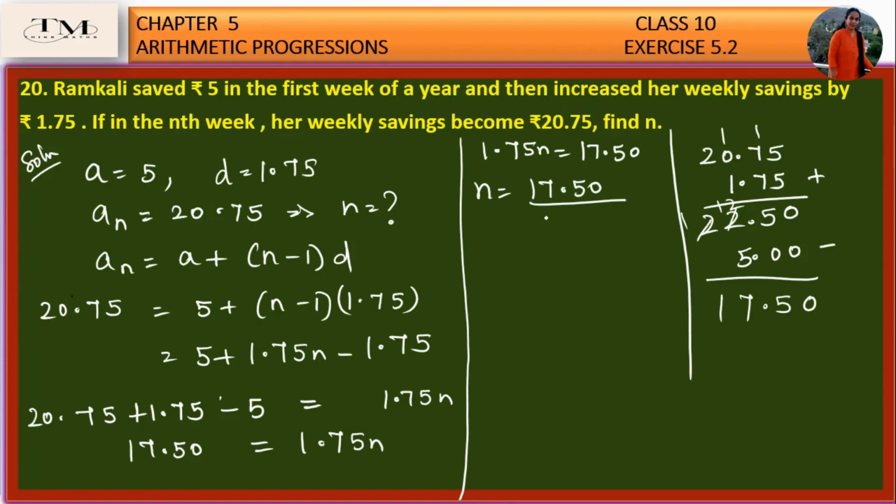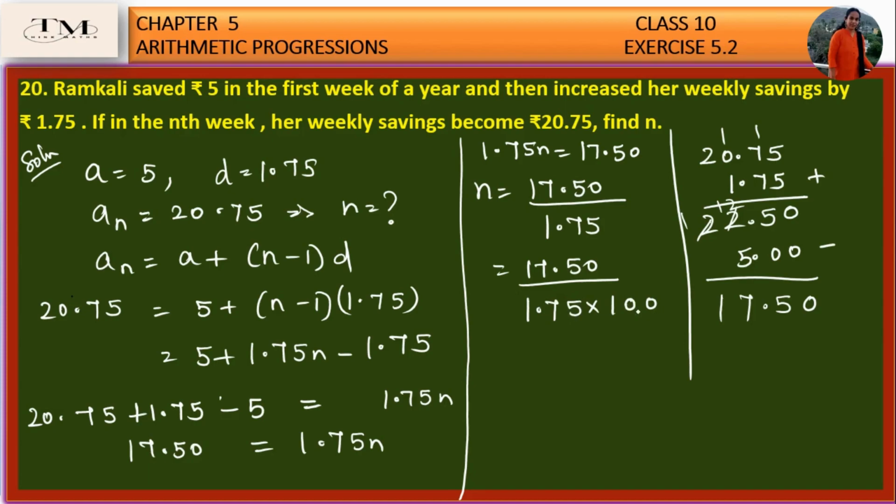So n will be equal to 17.50 divided by 1.75. If there is a decimal in the division, you have to multiply. How many decimal places are there? There are 2 places. So with 1.75, I should multiply by 100, so 2 zeros.